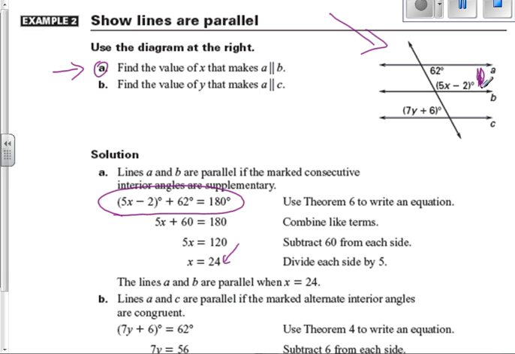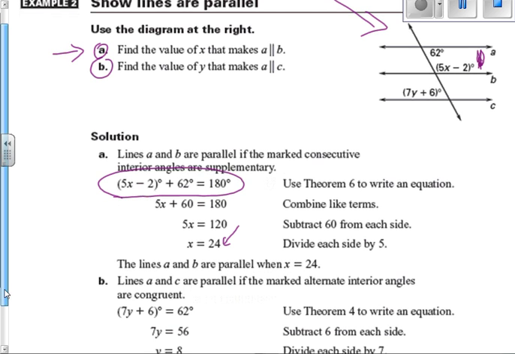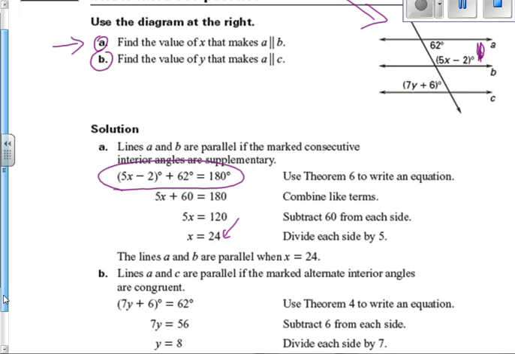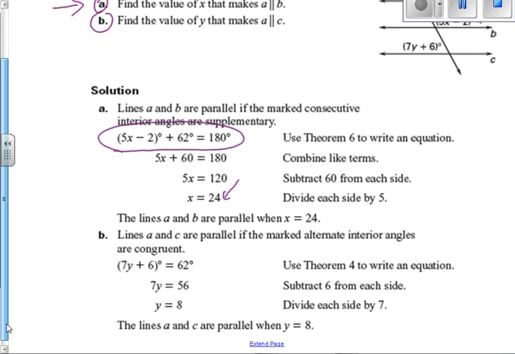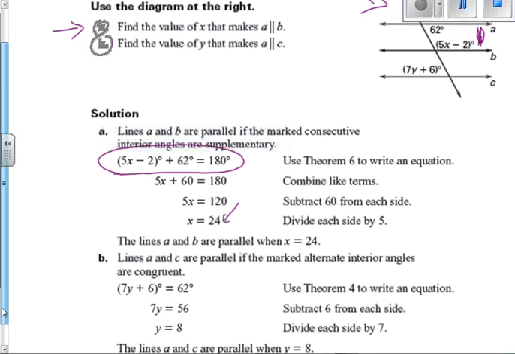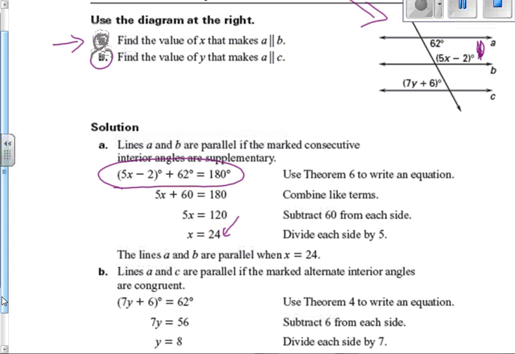And then if I look at B, it says find the value of y that makes A and C parallel. Well, if I look at this angle and that angle, and I'm only looking at A and C cut by a transversal, those are alternate interior angles.